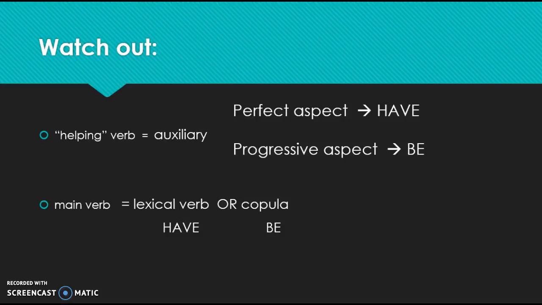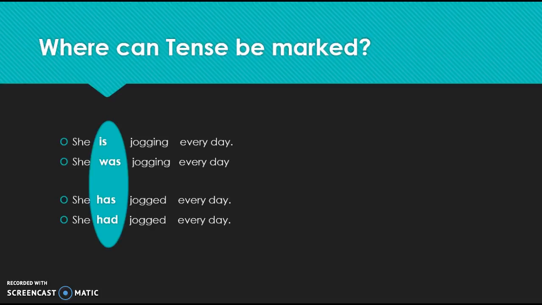Okay, we talked about how we have to be careful because both of the auxiliaries used in English aspect can also be used as a main verb if they're by themselves. And we stressed that tense is going to be marked on the auxiliary. If there's more than one auxiliary, tense is going to be marked on the first auxiliary.